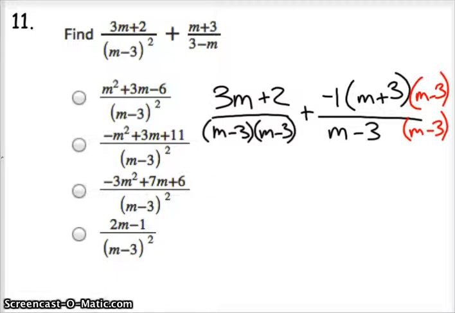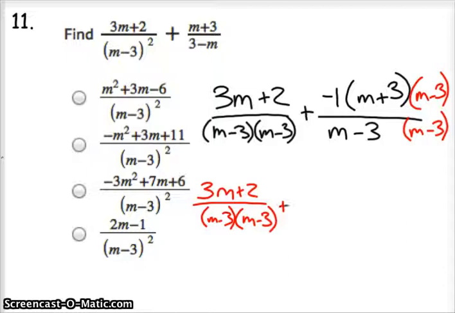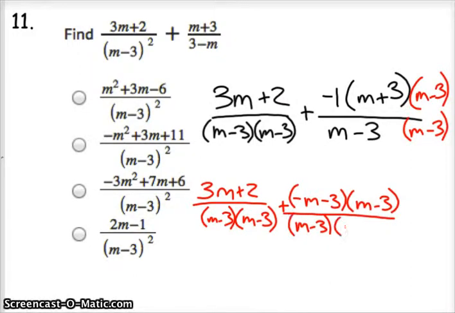And so on the top, I'll have (3m + 2)/((m - 3)(m - 3)), plus, we'll go ahead and multiply first. So I have a (-m - 3) times (m - 3) all over (m - 3)(m - 3).